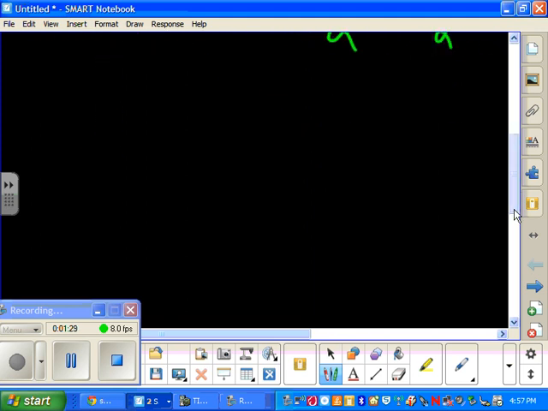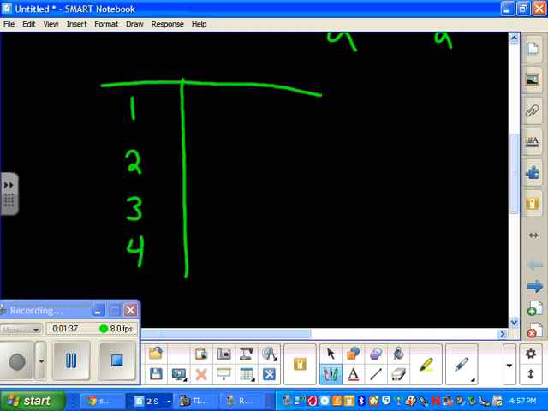If I have a table that has 1, 2, 3, 4, and then I have 20, 28, 36, and 44, I can say this is an XY table. And remember, our first thing to find the rule is to find my rate of change.